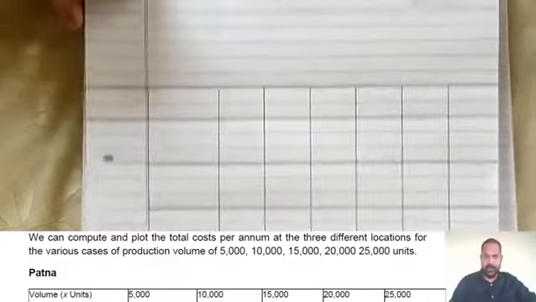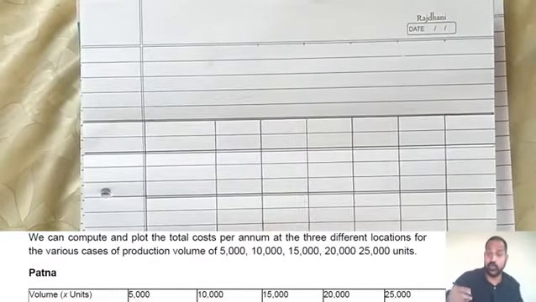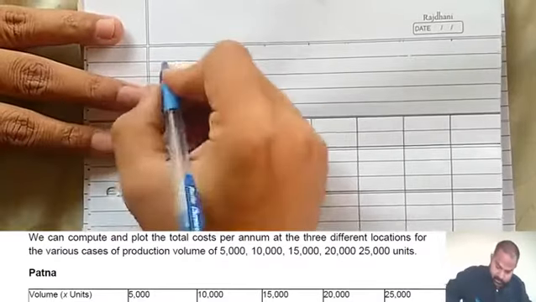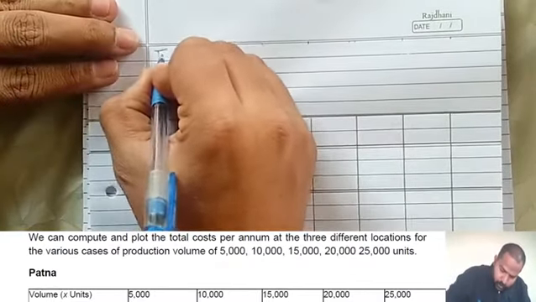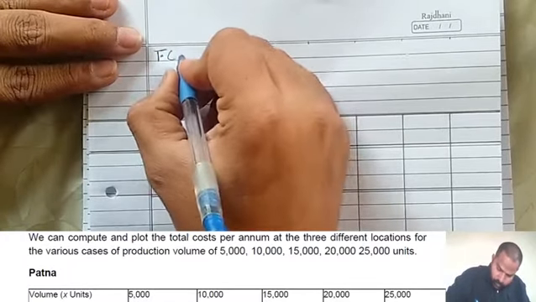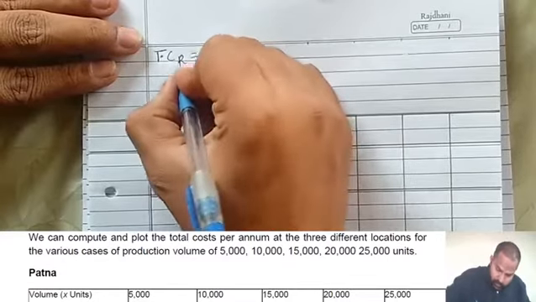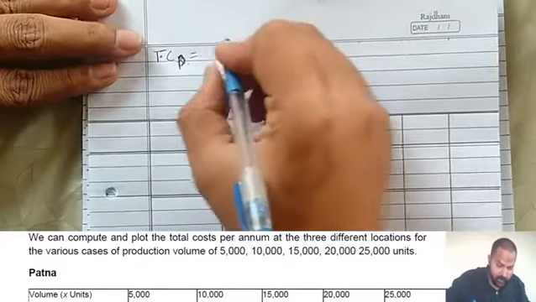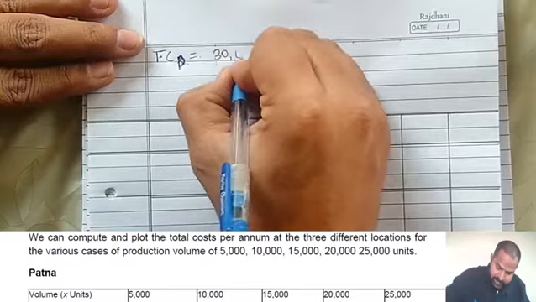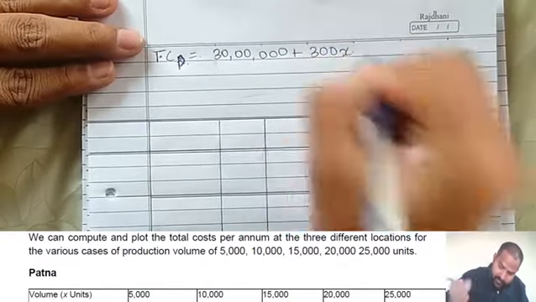So this is my table. The first thing that I'm going to do is I'm going to write down the total cost of all the 3 locations. Total cost of Patna is first. Let me write down Patna. Total cost of Patna is 30 lakh plus 300x.